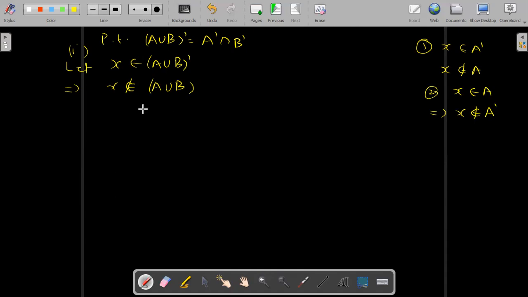So X does not belong to A union B; union is "or", but it will become "and" because of does not belong to. So X does not belong to A and X does not belong to B.